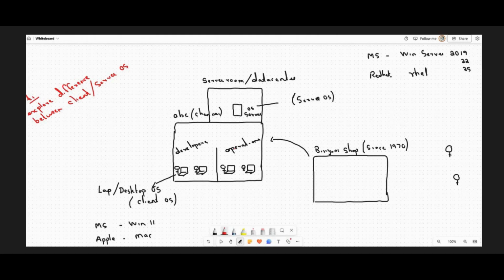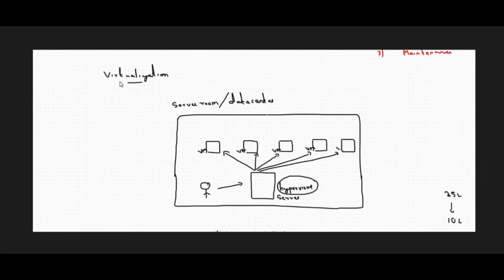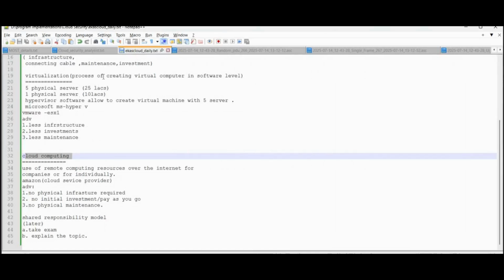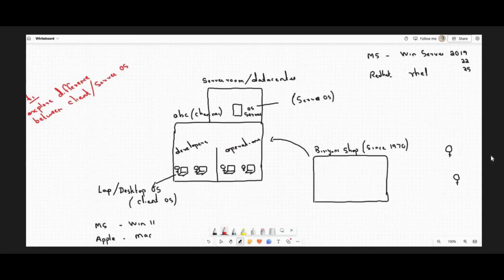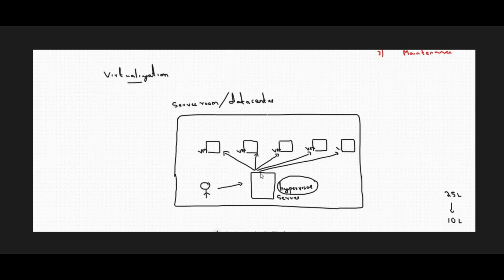To avoid that, they are going for the concept called virtualization. Virtualization is a process of creating a virtual computer at the software level. If you see this diagram, if we need five, we need to maintain five different servers. But the enterprise will have only one server.